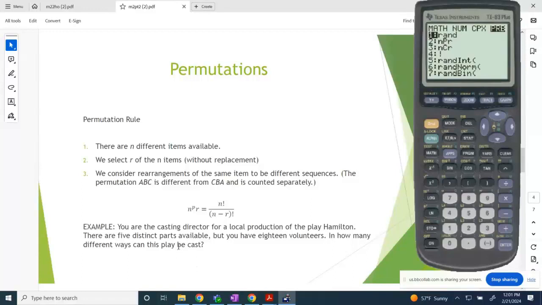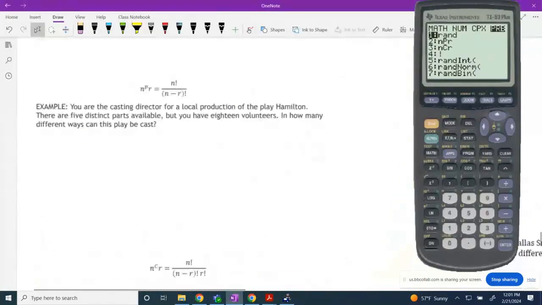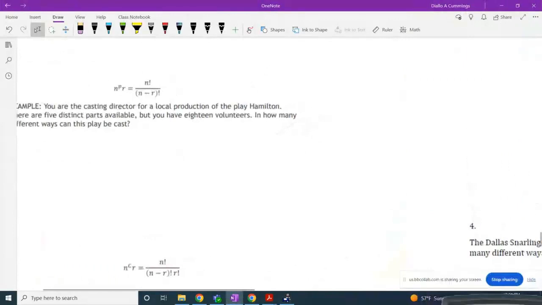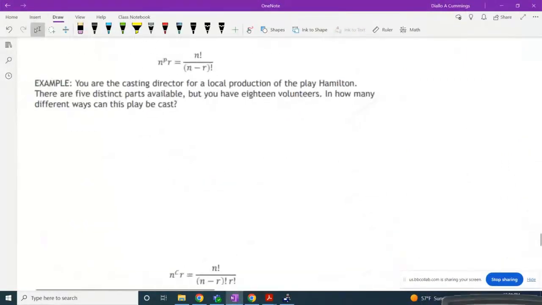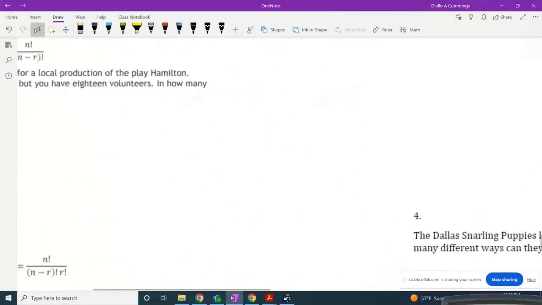All right, so for this example, we're going to use a permutation. Let me write some stuff over here on the side. In a permutation, the order matters.